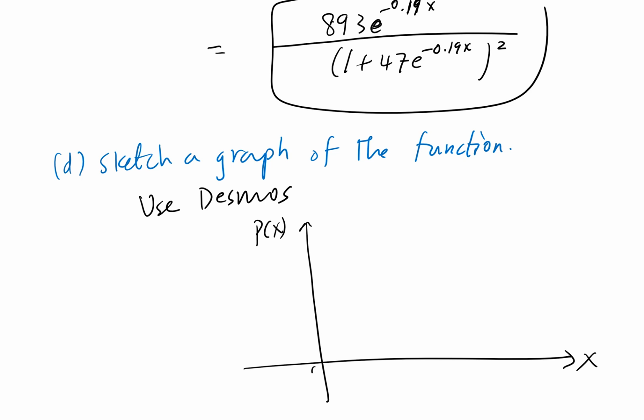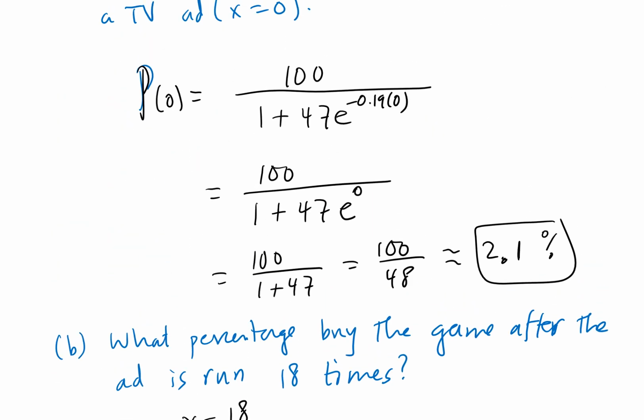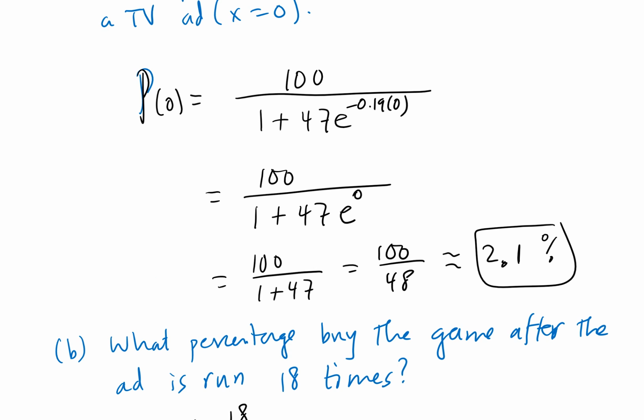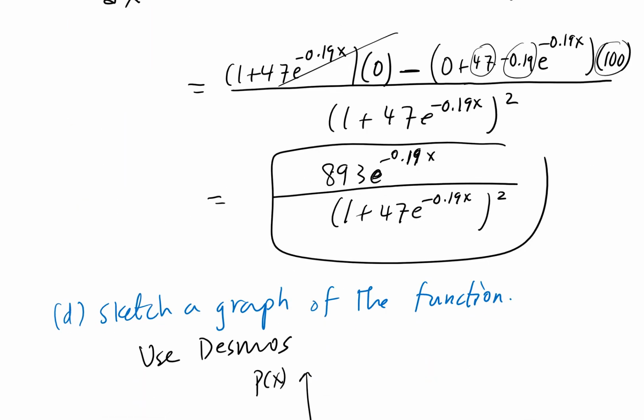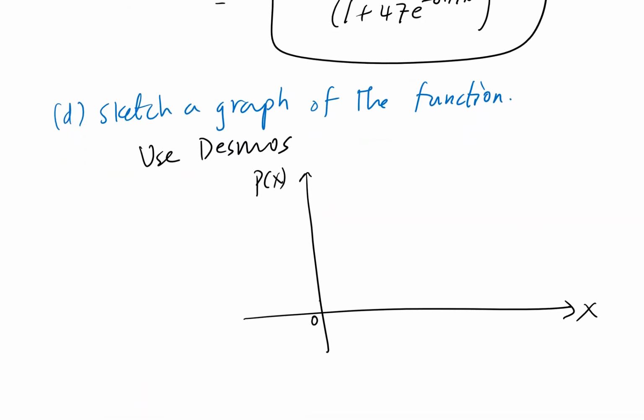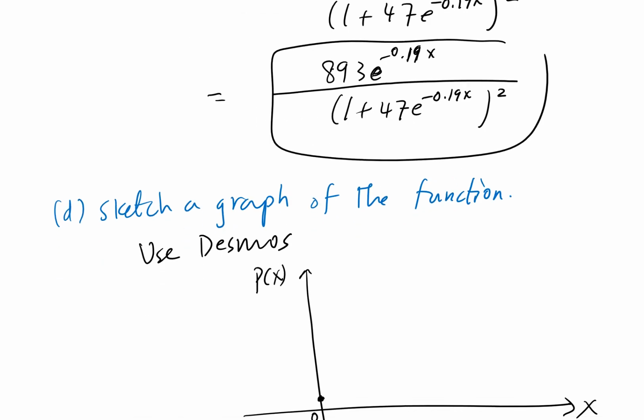If we look back up, go back to the first part, we found P of 0. It was 2.1%. So this means at 0 there's 2 point something. So the graph is going to start here. And this is an exponential one. If you try to plug it into Desmos and graph it, notice on the top we have the number 100 in the given P of x.